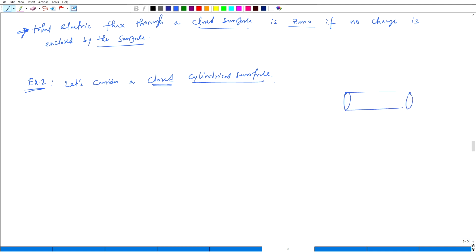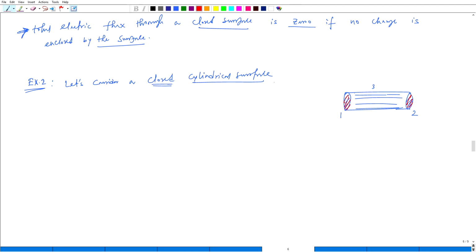So this is a closed surface and this one is surface 1, this one is surface 2, and this one is surface 3. Basically surface 1 and 2 are the circular cross sections, and surface 3 is the curved cylindrical part, and we calculate the flux through each surface.